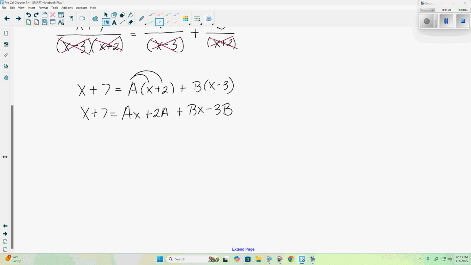I'm going to rewrite the right-hand side a little bit. x plus 7. So the two terms that have x, we're going to put them together next to each other. Our terms without x, we'll put them next to each other. x plus 7 is equal to Ax plus Bx plus 2A minus 3B.